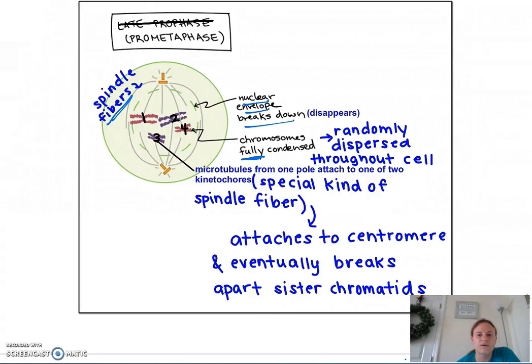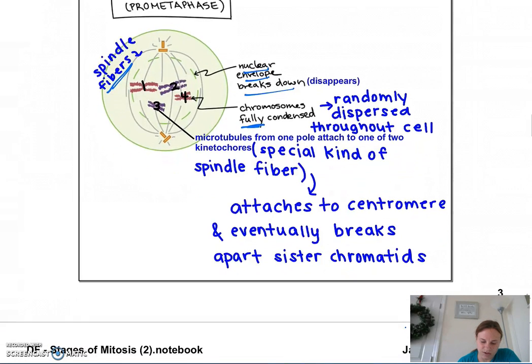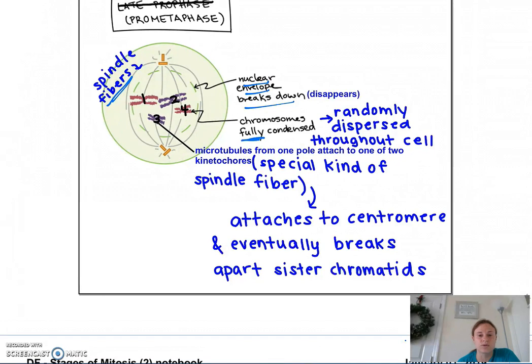Microtubules from one pole attach to one of the 2 kinetochores. So microtubules are a special kind of spindle fiber. Kinetochores attach to the centromere and eventually break apart the sister chromatids. That's what the microtubules do.